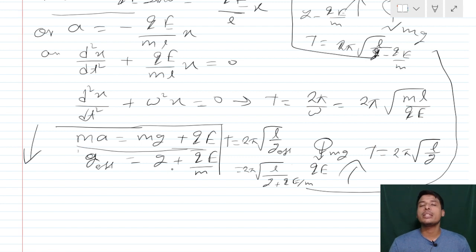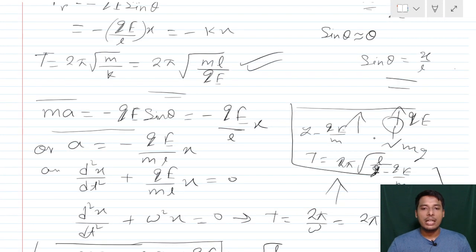Now if the electric field is in the upward direction, then mg will be in the downward direction, as we know the gravitational force always acts towards the center of the earth, and since the electric field is upward, the electrostatic force qe due to the external field on the charge q will be in the upward direction. So this is for the electric field in the upward direction.